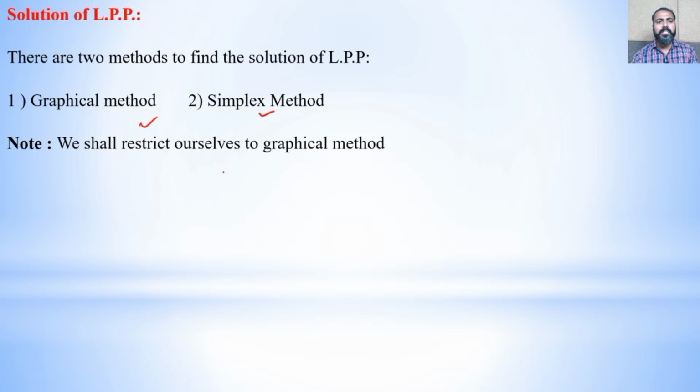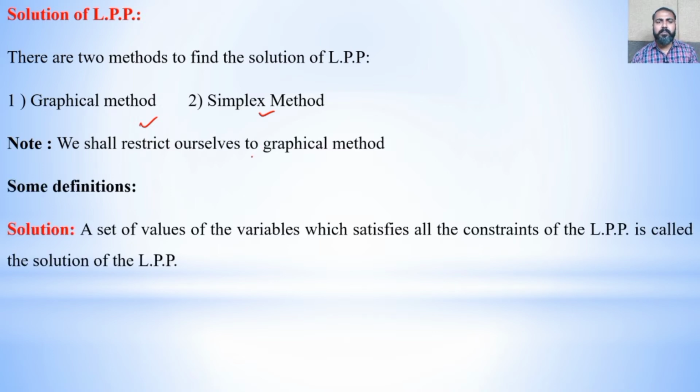Note, we shall restrict ourselves to the graphical method, means we use only the graphical method. Here are some definitions. Solution: a set of values of the variables which satisfies all the constraints of the LPP is called a solution of the LPP.